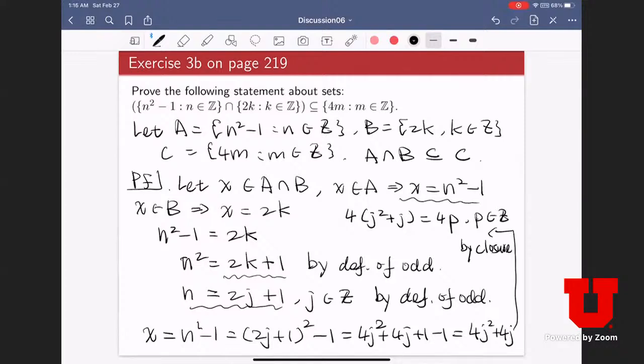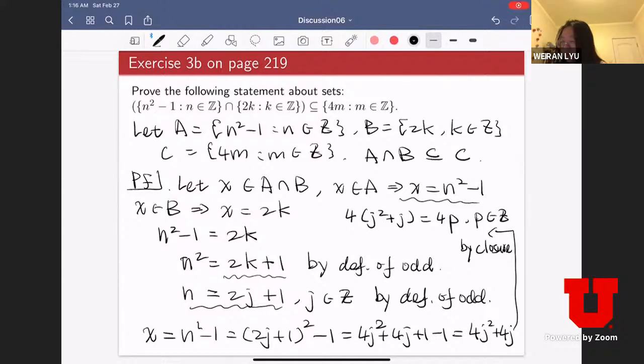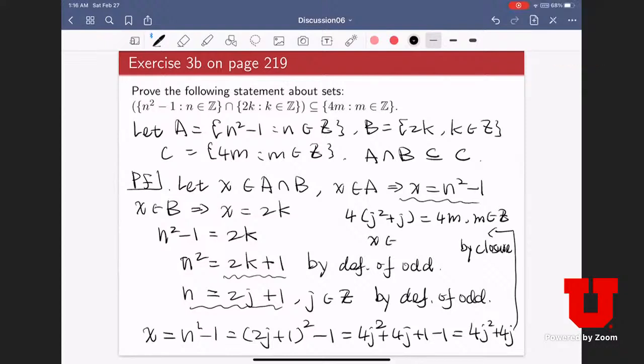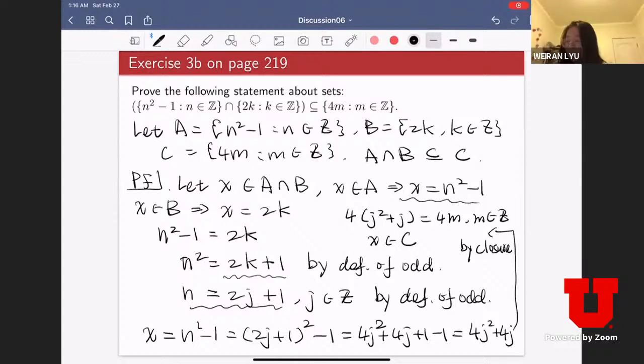So we have proved that, or maybe it's better I should use m. And now we have proved that x is also an element in set C. And then you can conclude that the intersection of these two sets is a subset of C.